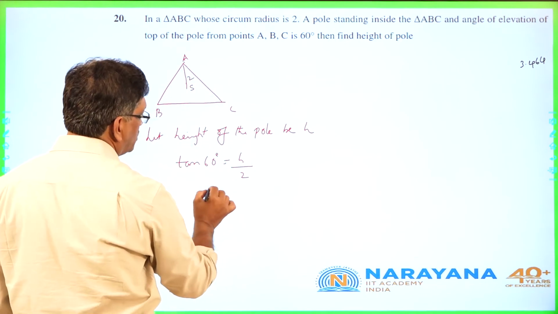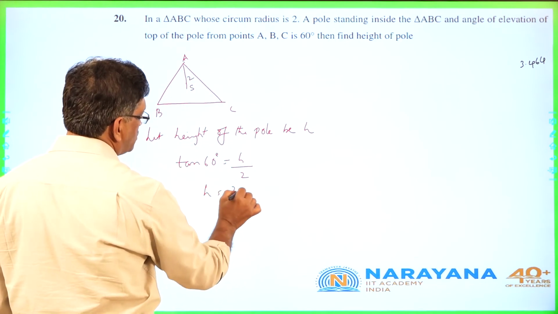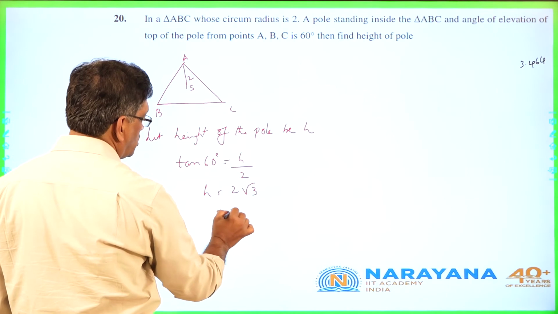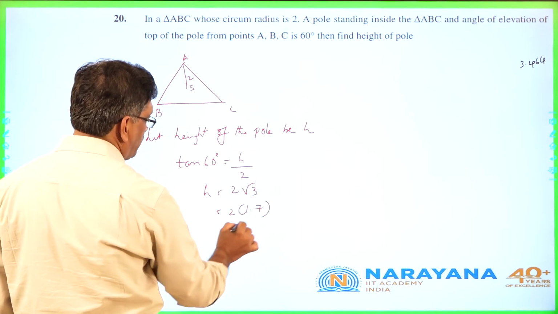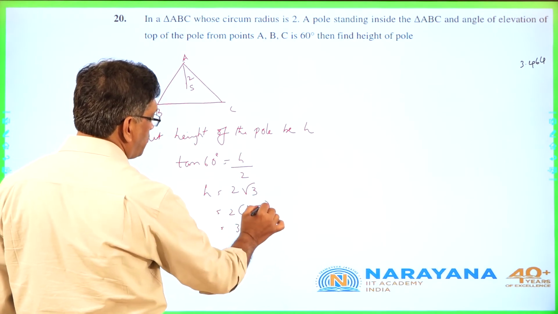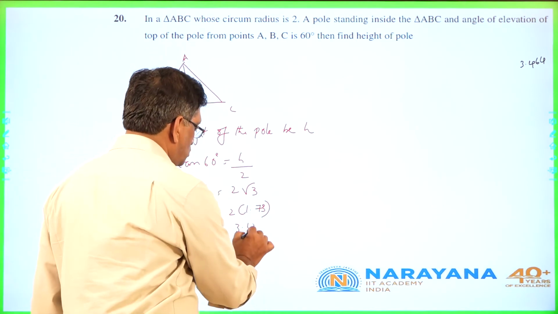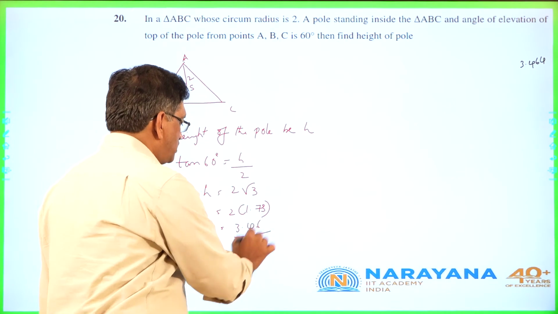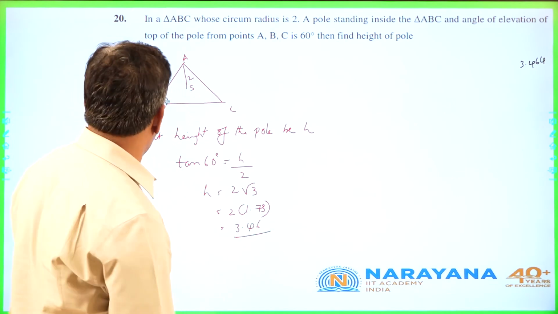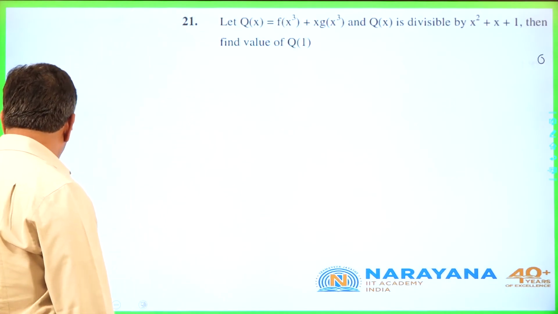He has given directly h is 2 into root 3, that is 2 into 1.73, that is 3.446. Roughly we can write. Okay. Let us go to the next one.